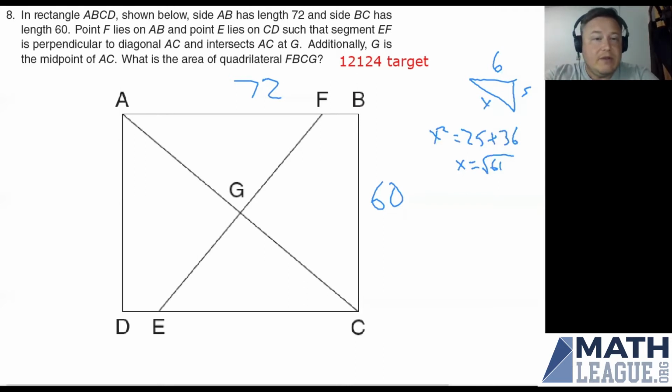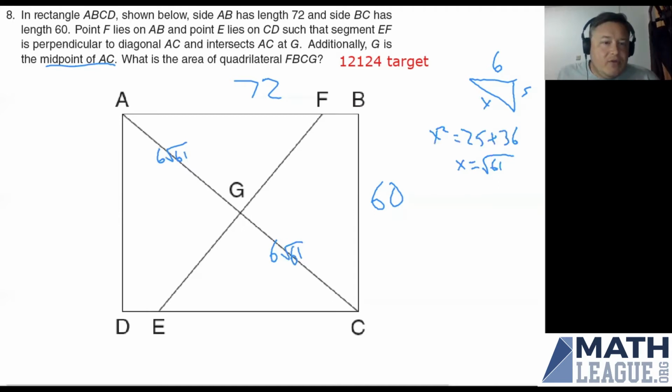Now, they did mention that G is the midpoint of AC, which means that each half of this is going to be 6 times the square root of 61 over here, 6 times the square root of 61 over here as well. All right, so we're kind of looking ahead to see that G is the midpoint in order to go ahead and break that down appropriately.